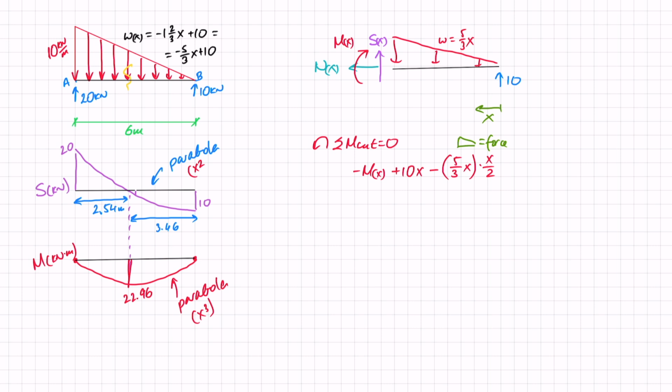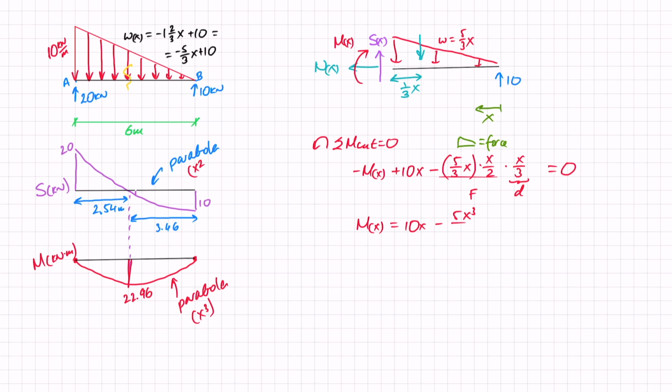And it's always going to be placed at the centroid, so the distance to my equivalent force is 1/3 of x. So I have here times x over 3. So this is the force, and this here is the distance.